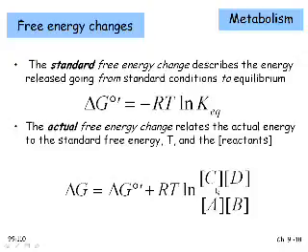The actual free energy change in a cell will always depend on the actual concentrations that your cell actually has. Very few, nothing in a cell is at 1 mole or anything. But we can take the standard free energy and figure out what we can expect by using this relationship.